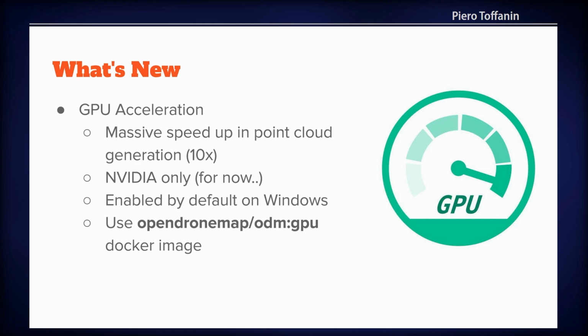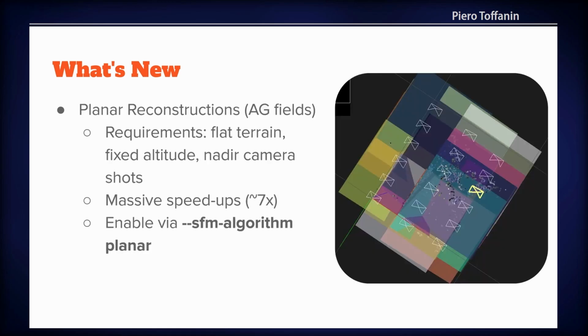It is enabled by default on Windows, so you don't have to configure anything. It will just work, trademark. If you're on Linux, you simply need to use a different Docker image. The default one will only have the CPU stuff. To get the GPU stuff, you need to use a different tag. But it's pretty straightforward there as well.